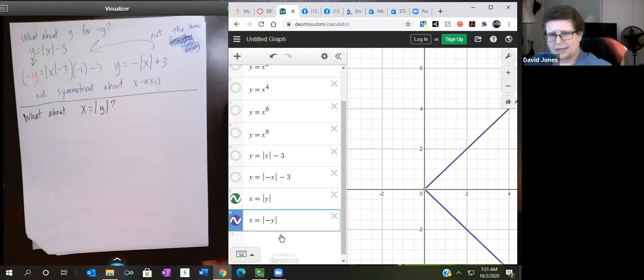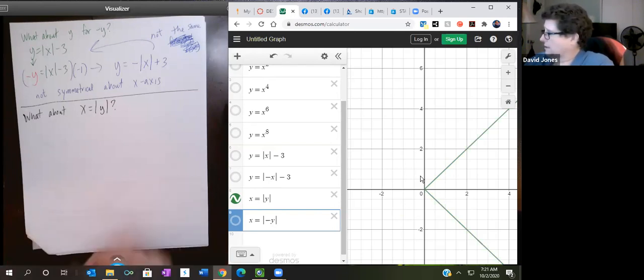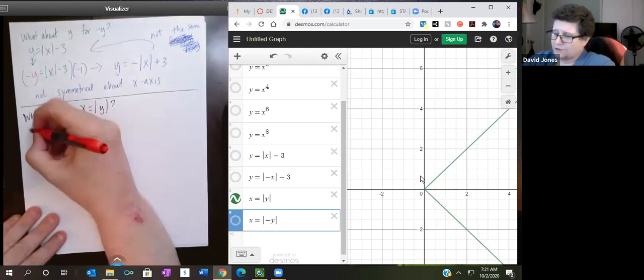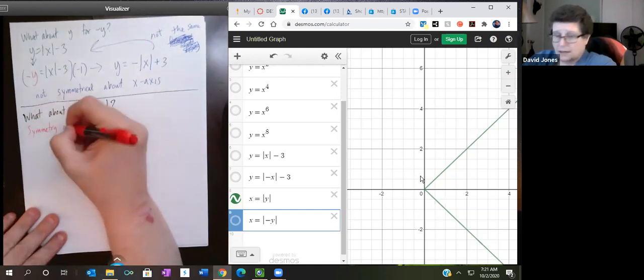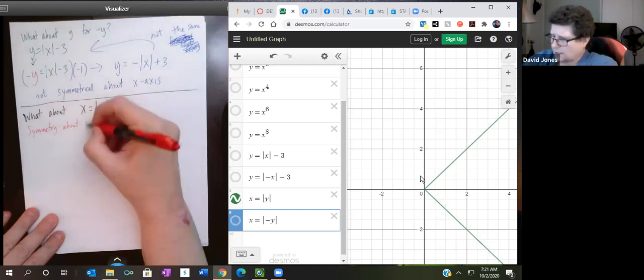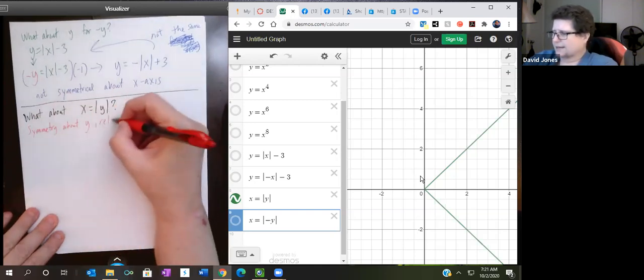So looking at these, it looks like plugging in negative y results in the same graph. So if I tried symmetry about y, replace x with negative x.